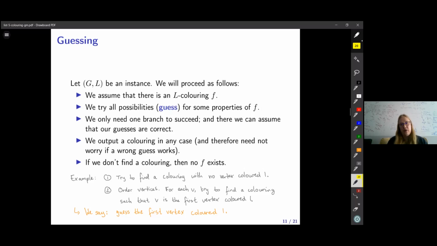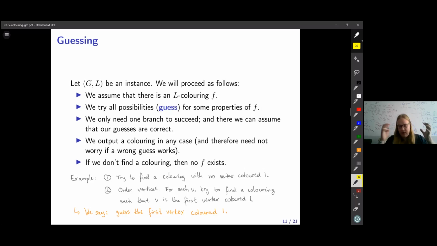If I wanted to color a graph and I don't care how slow it is, I can just start at any vertex and try what happens if this is a 1, what happens if this is a 2, what happens if this is a 3, and split into cases. And that's exponentially slow, but it works. And this is the same general principle. We will guess certain properties of the coloring.